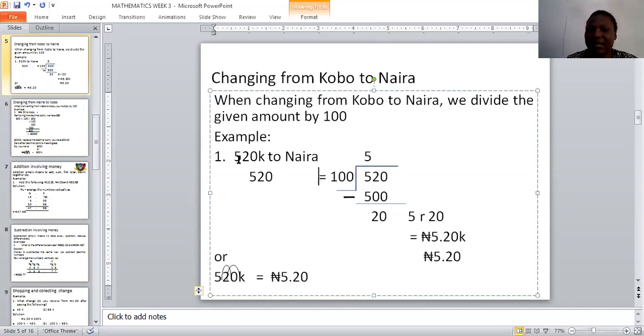So, how many times will I see 100 in 520? Remember how we used to do it? 100, 200, 300, 400, 500, 600. Oh, it's not up to 600, it's 520. So I will stop at 5.